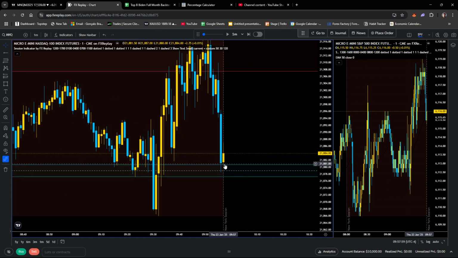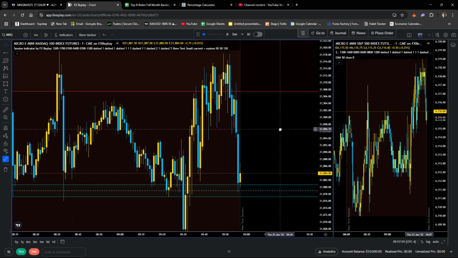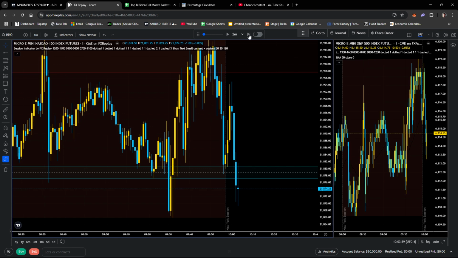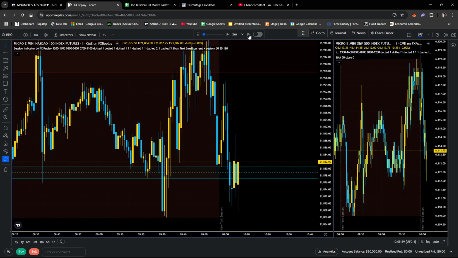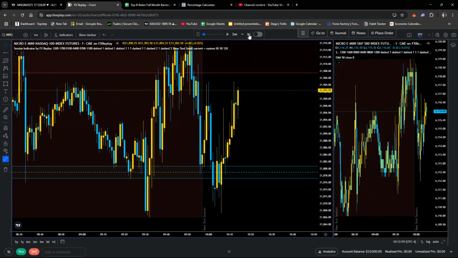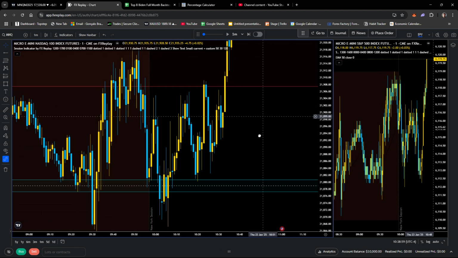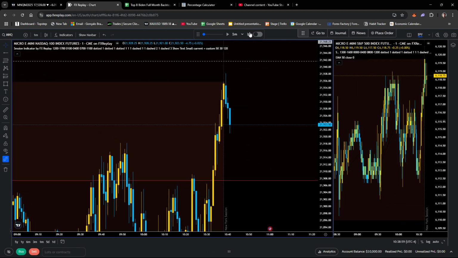Okay, we have displaced through. But now we hit a bullish gap. So still no. Now, we need to break this consolidation. There we go. Now we can engage.